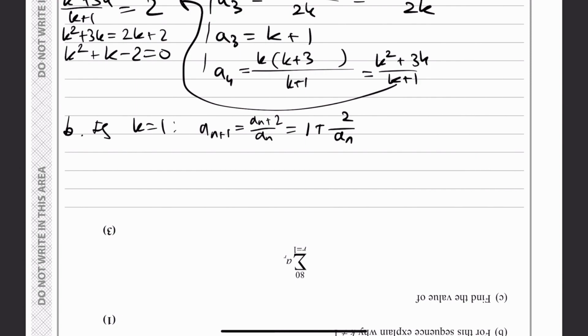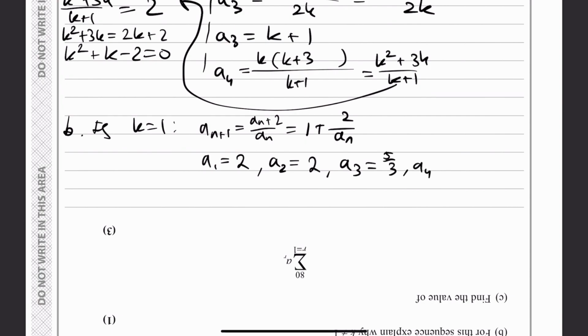So obviously this can never be periodic. If you start with a1 equal to 2, then a2 is equal to 1 plus 2 over 2, which is just 2. a3 equals 1 plus 2 over 3, which is 5 over 3.